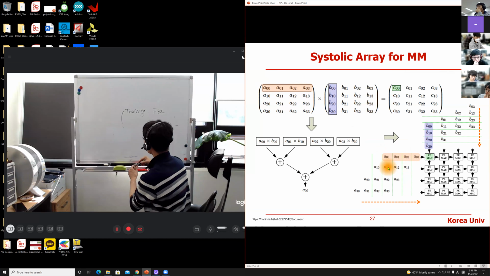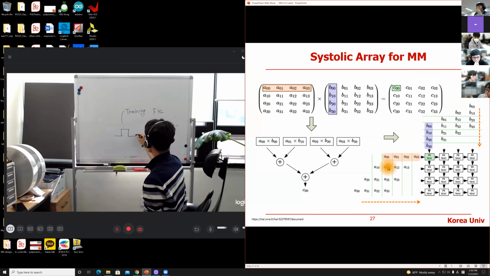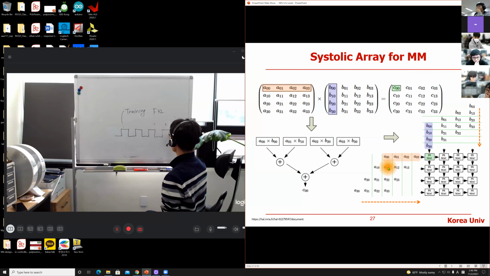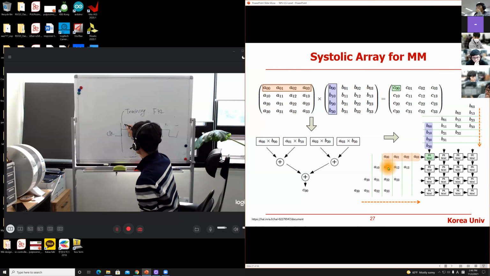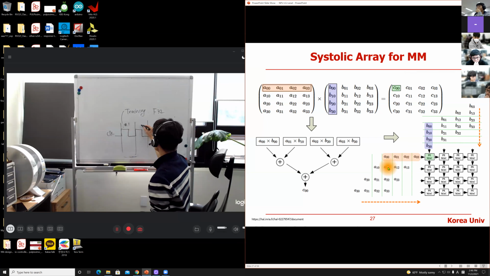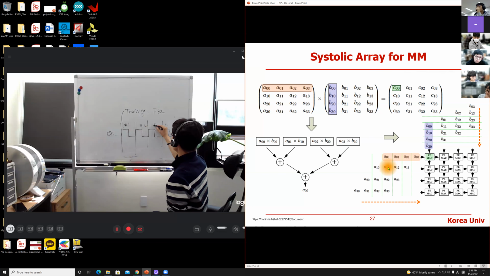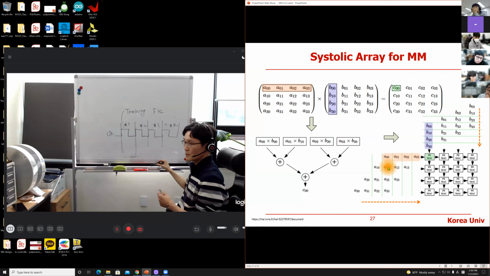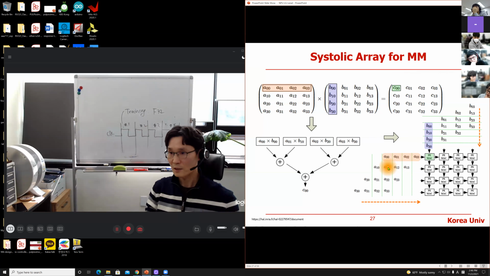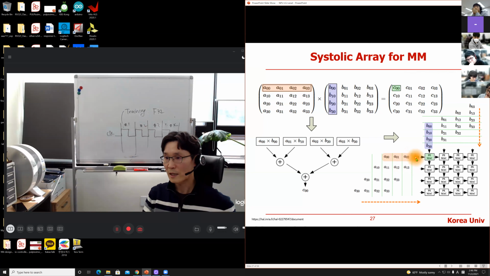So let me draw the clock signal like this. Clock number 1, number 2, number 3, and number 4. In clock number 1, the first data is shifted into the first processing element.